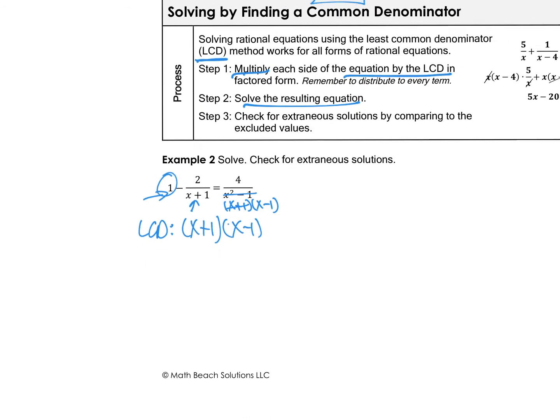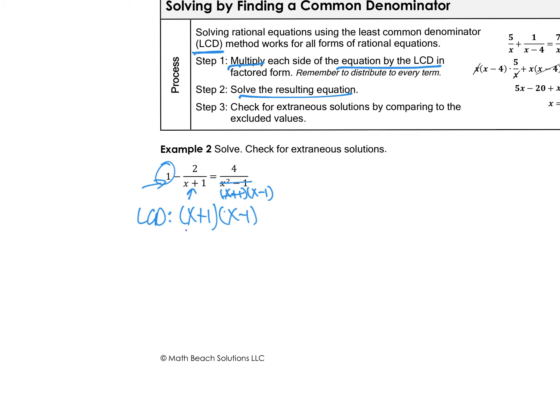We're going to multiply this by every term in my original equation. So I'm going to start out with x plus 1 times x minus 1, multiplying it by this 1. And then notice there's a subtraction, so I'm subtracting.